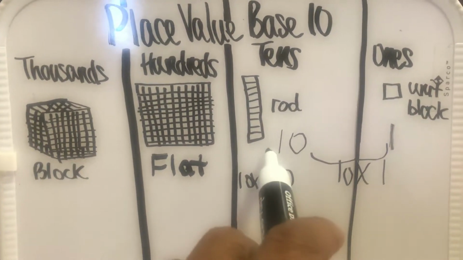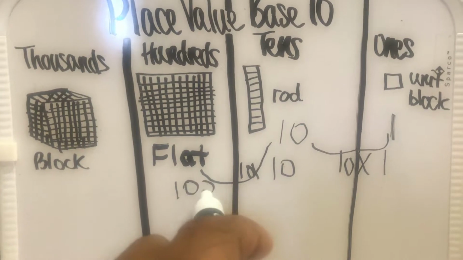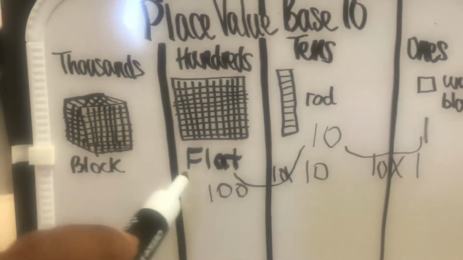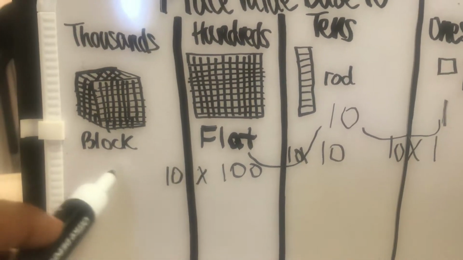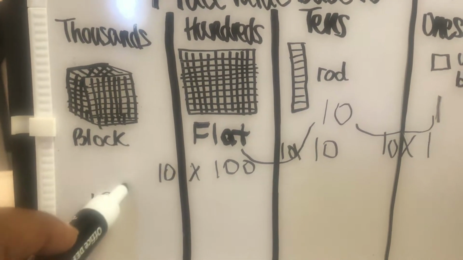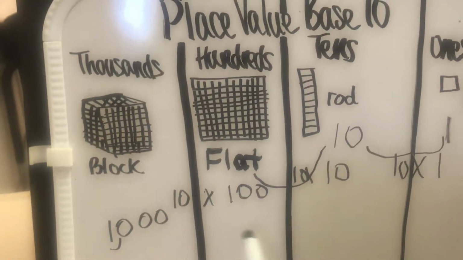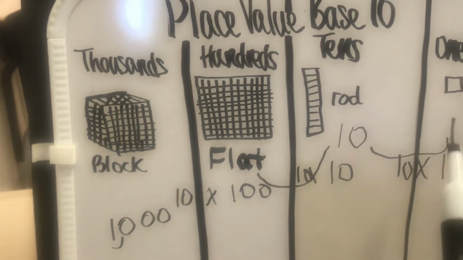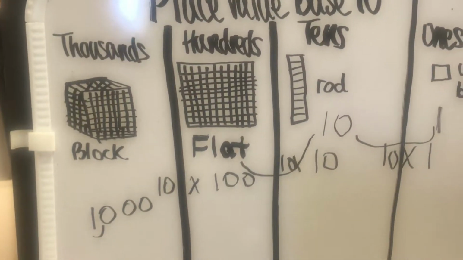And what do you think that's going to give me? You're right, 100. 100 times 10 equals 1,000. So each time I move to the right, I am multiplying by the power of 10.